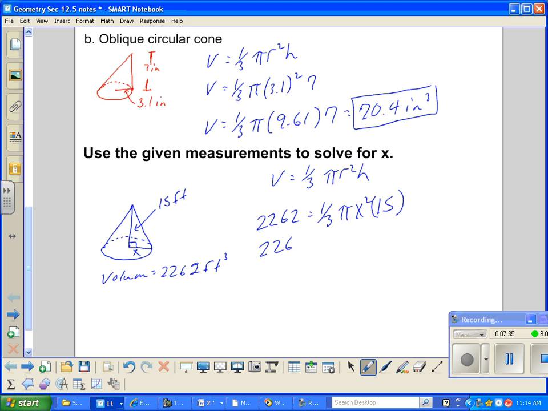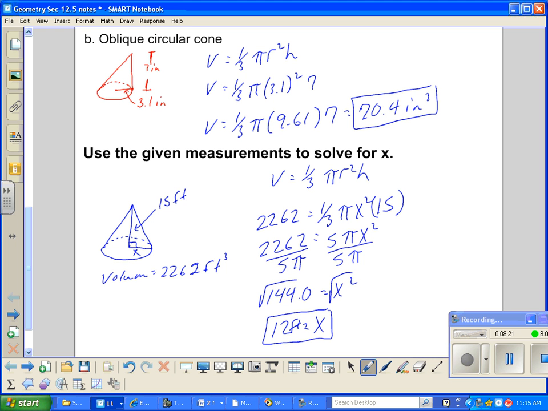So 2262 equals, you can take 1/3 of 15, which is 5 pi x squared, divided by the 5 pi, and 2262 divided by 5 pi gives us 144.0 equals x squared, and then it's just simply take the square root of both sides, and we're going to get 12 equals x, or I should say 12 feet equals x. And that's all there is to it.